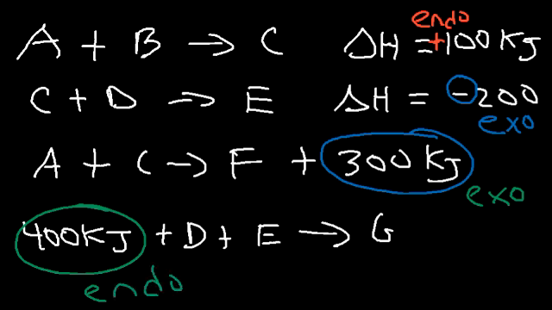Notice that it's always positive on the right side or on the left side. So you can't use a sign to tell. You have to look at what side it's on. If it's on the right side, it's exothermic. That means delta H is negative 300 kilojoules. If it's on the left side, it's endothermic. Delta H is positive 400 kilojoules. And I want to make sure that I cover that fact because that might be important when you take the test.